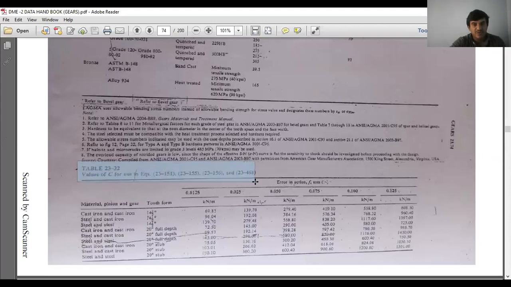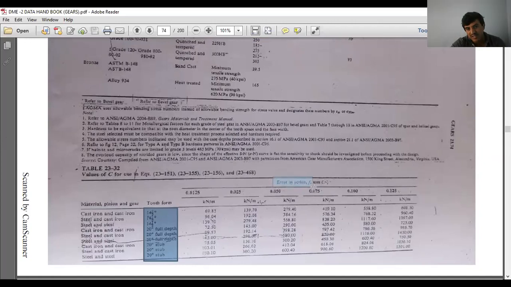Now C mainly depends upon the error in action. Again, the error in action value e is unknown. It depends upon the pinion and gear material and the pressure angle. Based on that, we take the C value.